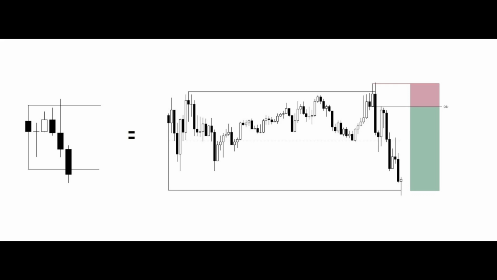Once price closes below it, we put a limit order at the low of this order block with our stop loss above the order block high, and then we target the opposing end of the range. We'd also make sure to take partials at the 50% of the range, or trail our stop loss once price reaches there.